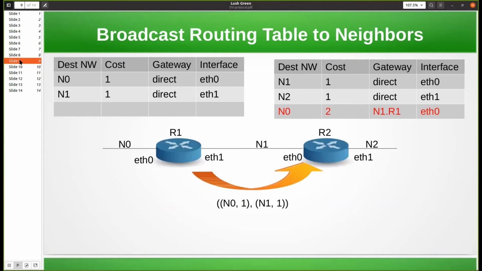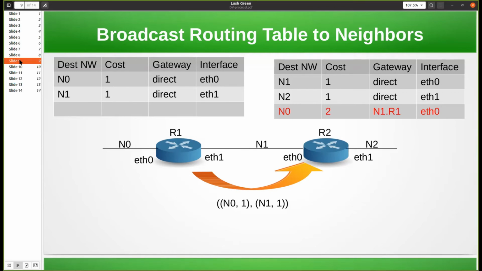Okay. So now if you see, the router R1 is also advertising network N1, right? So when you add 1 to the cost advertised, you get the cost of N1 to be 2. But you already know N1 in R2, and the cost of N1 in R2 is 1, whereas the cost if you go through R1 is 2.